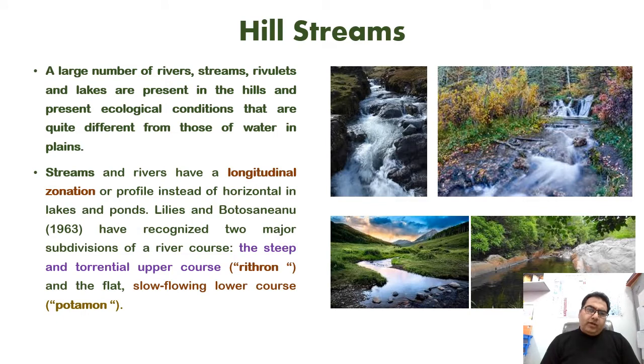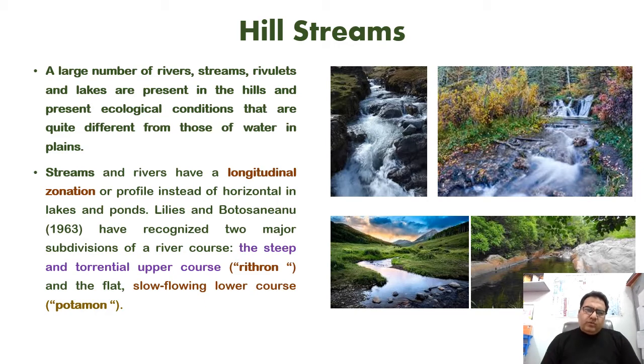Before knowing about the adaptations in hill stream fishes, first of all we should know the environment, the habitat wherein these fishes live, and the conditions that these fishes have to face.